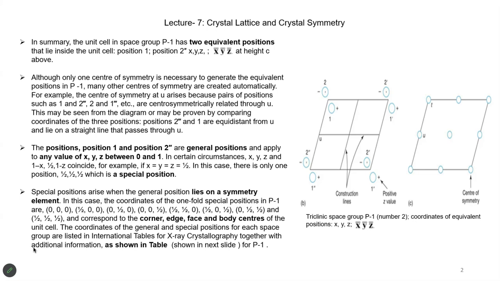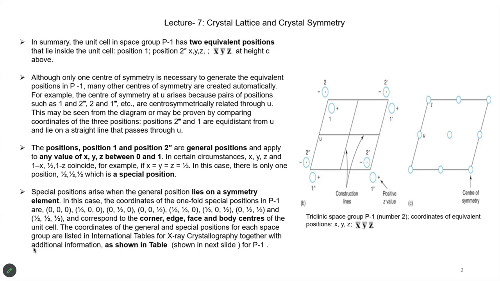And we have also discussed a little bit how we show it in two dimensions, and there we are dictated by some international rules and conventions to describe the space group.